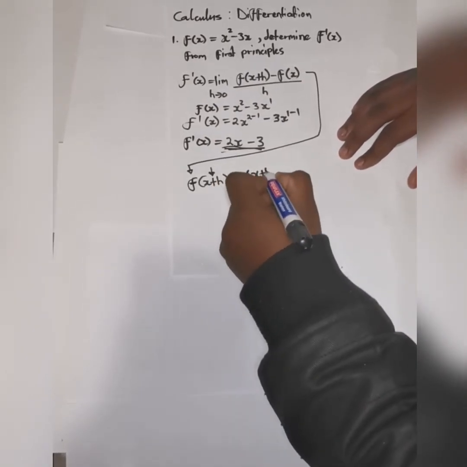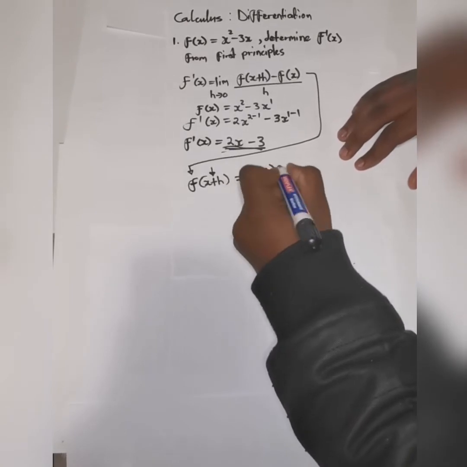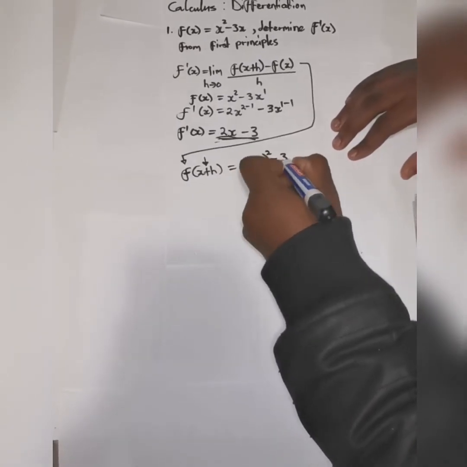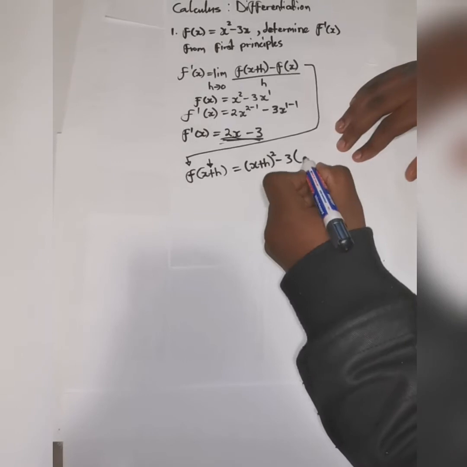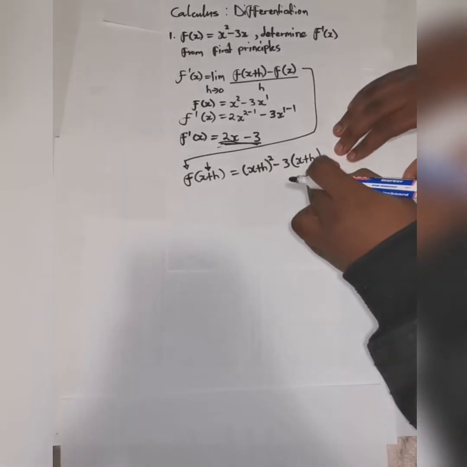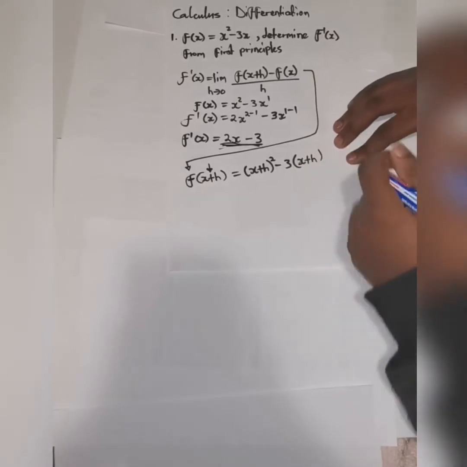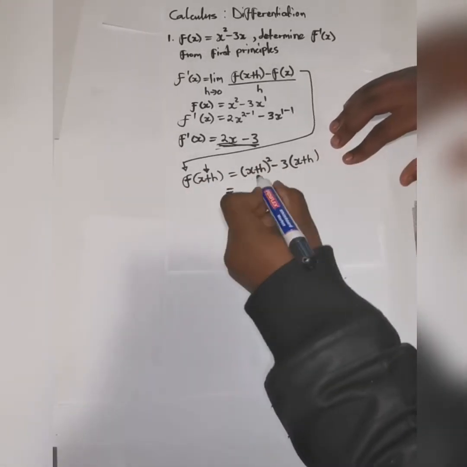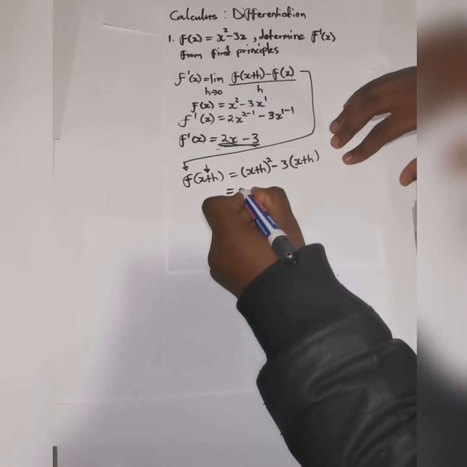So (x plus h) to the power of 2 minus 3(x plus h), because we also had an x right here, so we substitute in x plus h. So we're going to expand this.